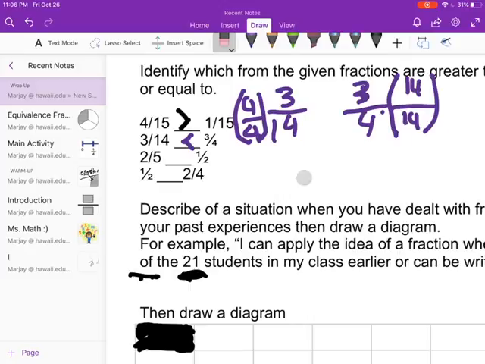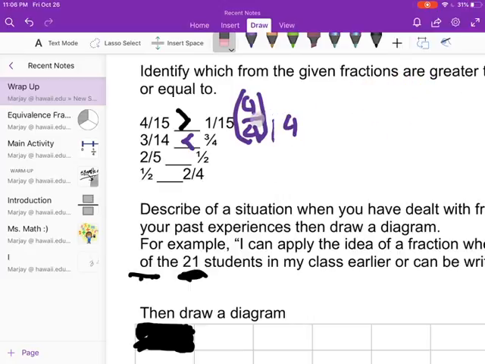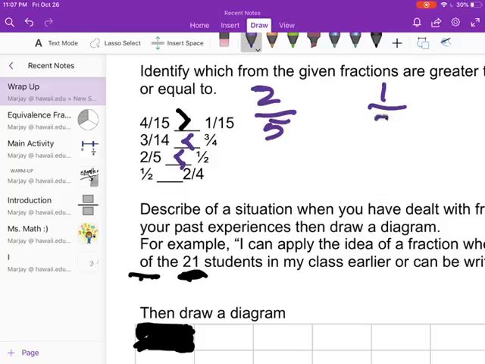How about 2/5 and 1/2? Yes, of course, 1/2 is greater than 2/5, or 2/5 is less than 1/2. Why? Okay, let's make them the same denominator. Again, the same method earlier: multiply the denominator to the other fraction.